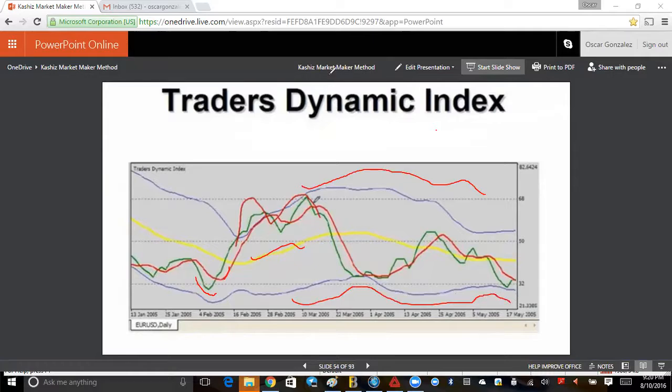For those that use Bollinger Bands, which I hope you're going to stop using now, we're going to use the TDI from now on. But you can't use an RSI on your phone though. All right, next slide. You can screenshot this if you want.